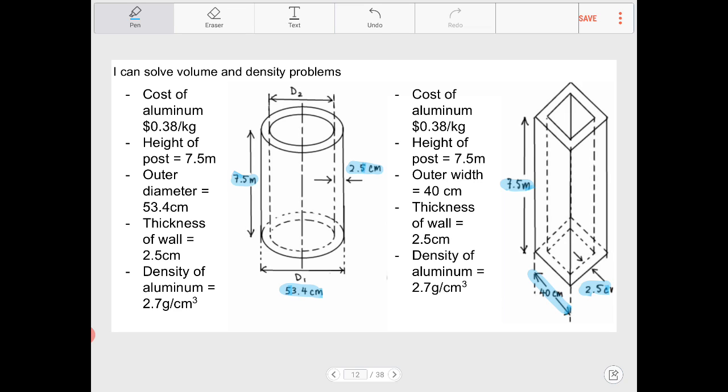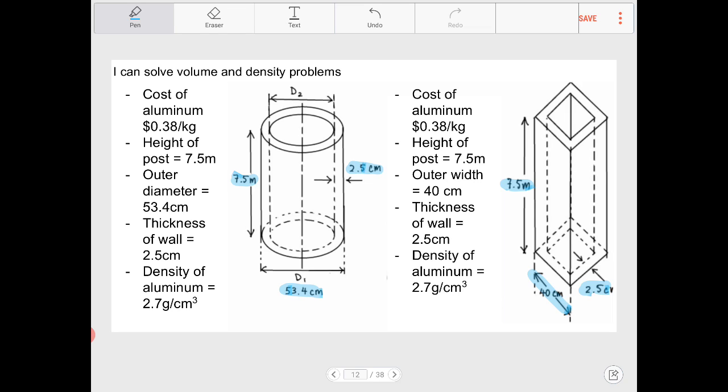In order to find the cost of either one of these posts, I will first need to find the volume of aluminum. Once I know the volume of aluminum, I can determine the mass of the aluminum. And once I know the mass, I can figure out the cost of the aluminum for each one of these designs.